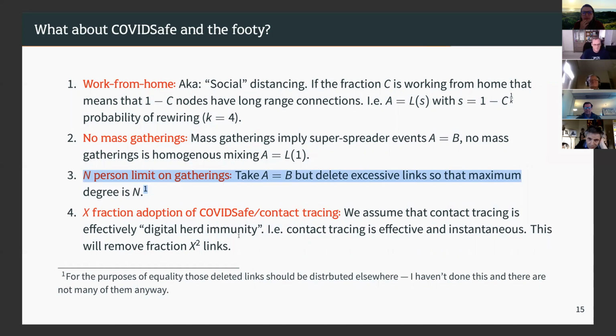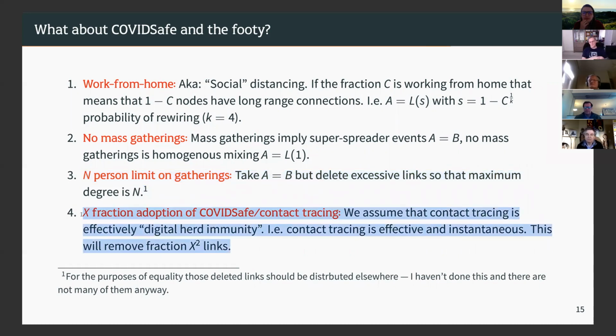And finally, we're going to make some pretty bold assumptions about the COVID safe app. We're going to assume that if an infected person with the app infects someone else with the app, then we can identify that contact. And we're going to assume that we can do that with 100% accuracy in 0 time and remove that link and remove that infected person from further infection.